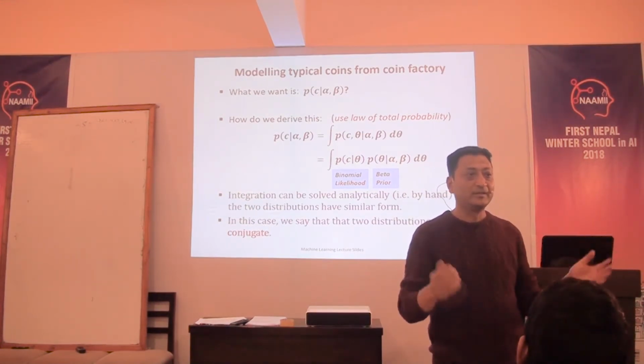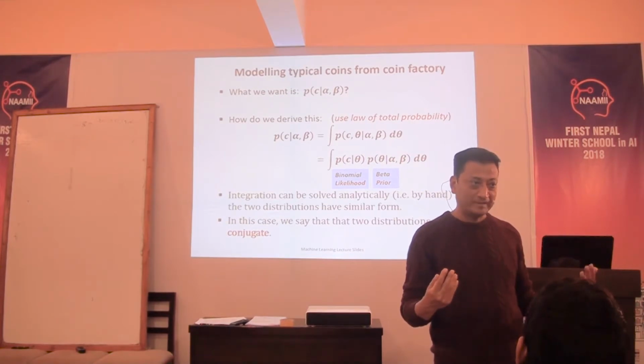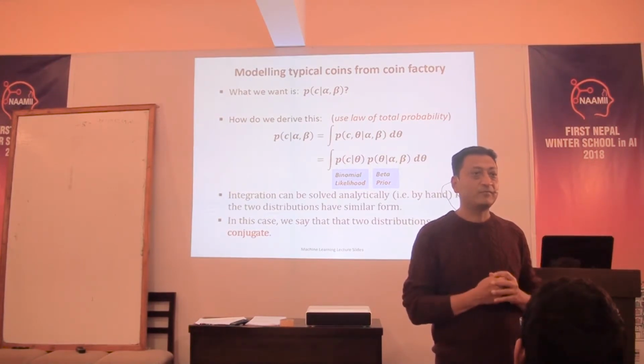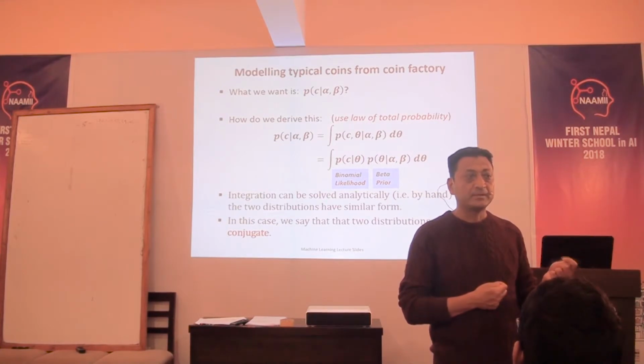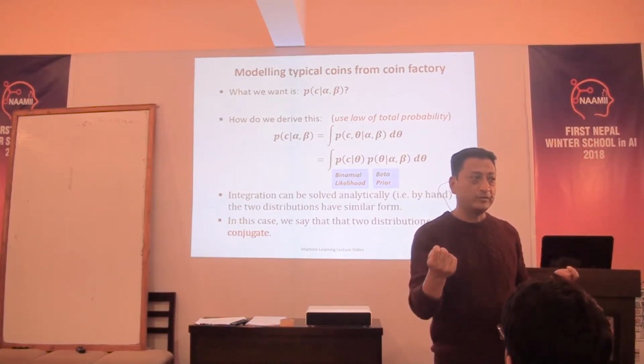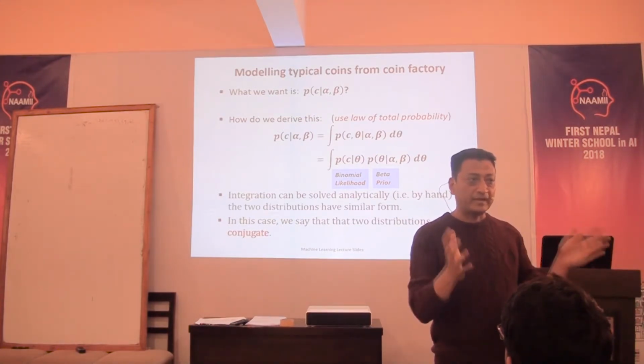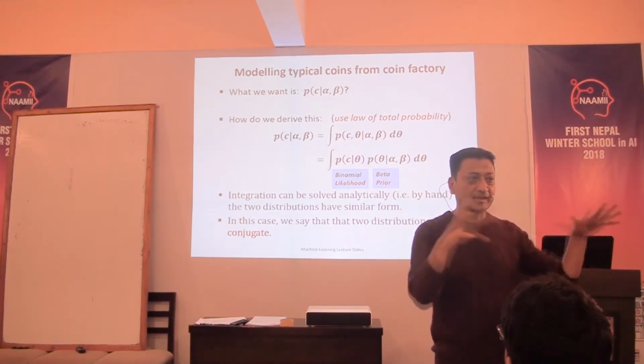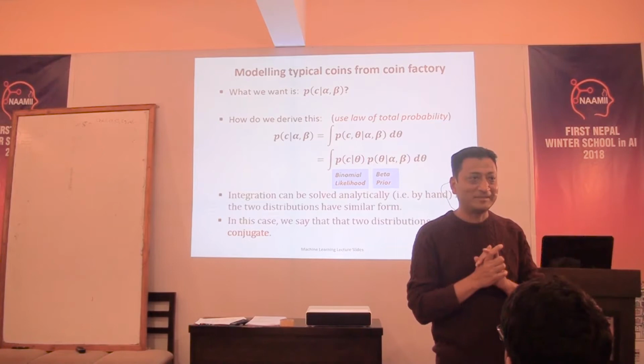The average is what I'm looking for. That is the average value of the probability of a random coin sampled from a factory with known alpha and beta, where the factory itself is parameterized by the beta distribution. So you need to understand the setting. The maths is easy. Everybody got that?